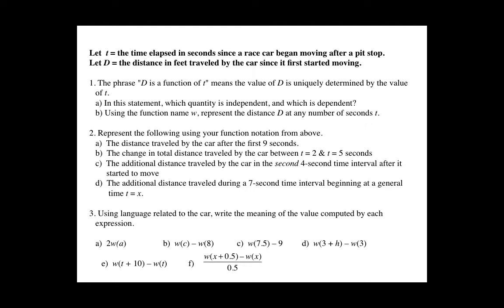So it doesn't have to be something about feet. Any thoughts on what that might be? Almost. So dividing by 0.5 would be times 2, twice the distance traveled during that interval. So we could do that.